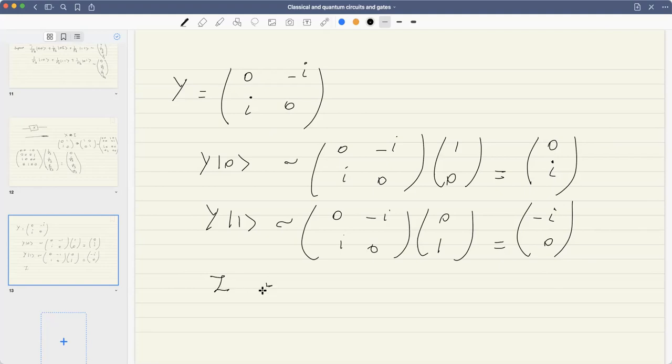Another famous one is the Z gate. That's just 1, 0, 0, minus 1. There's a gate called the Hadamard gate.